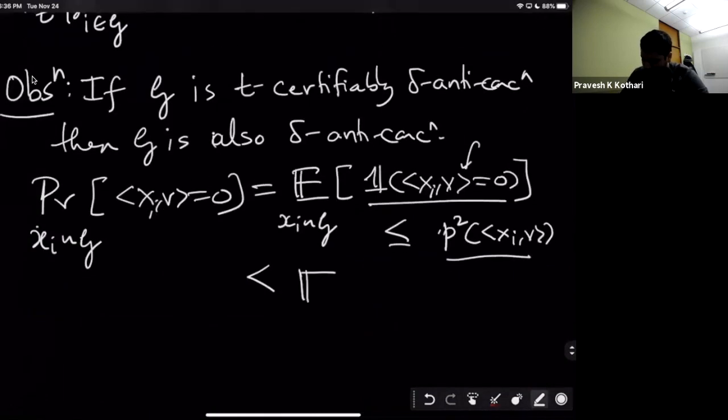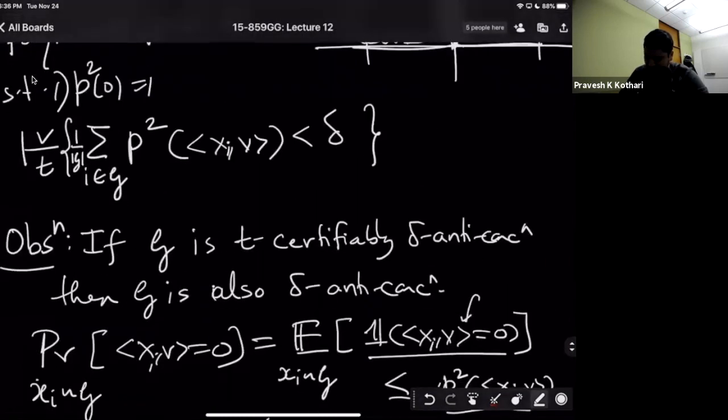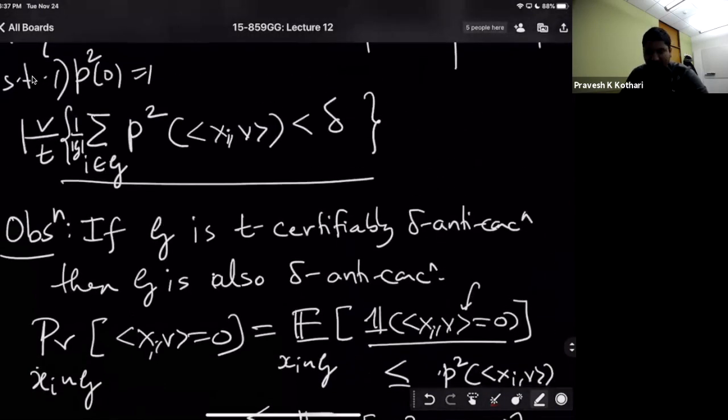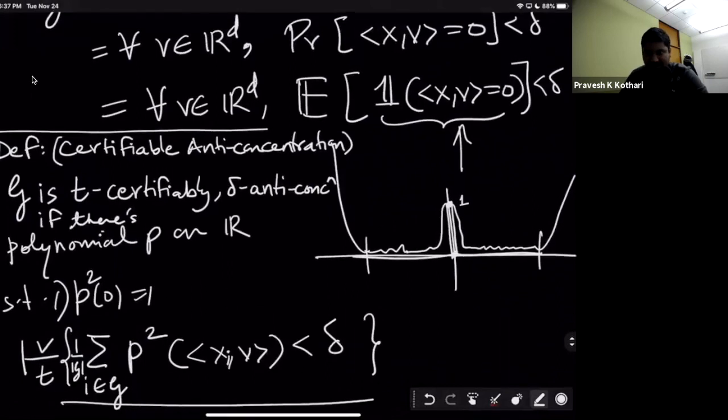Okay, so therefore I can write, and now notice that the second condition means that this is at most delta. Okay, still good. So what this shows is that at least our polynomial reformulation of anti-concentration is reasonable.